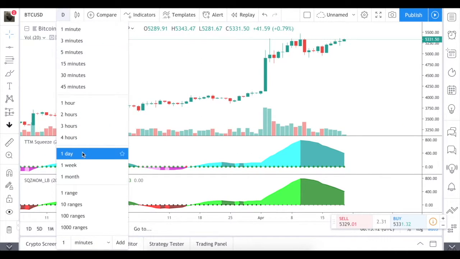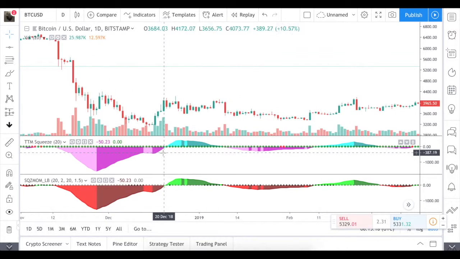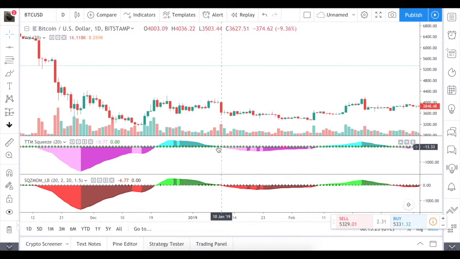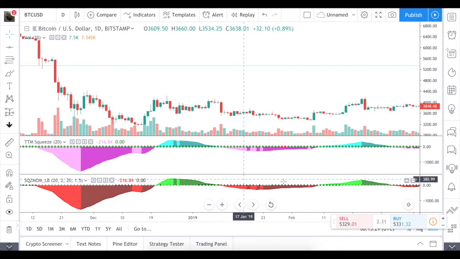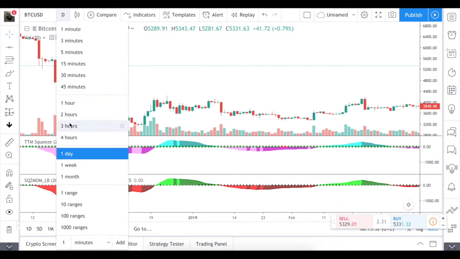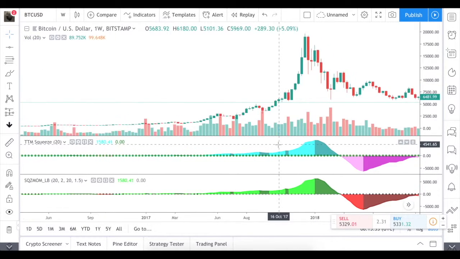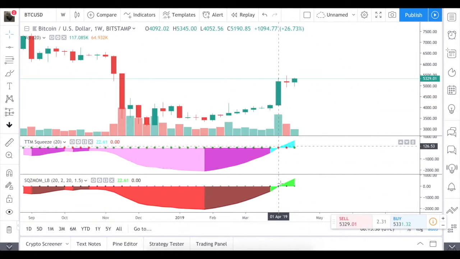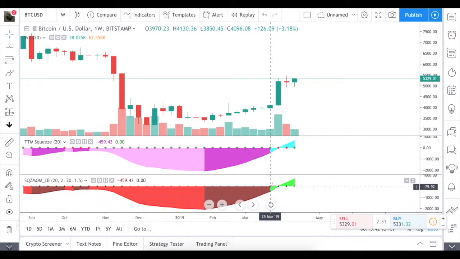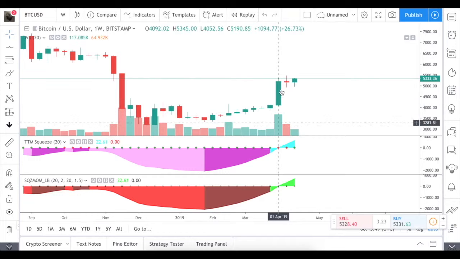On the weekly time frame, for example in this case, you see there is no signal on TTM Squeeze, but there is an indication of the reversal on the squeeze momentum indicator. When we switch to the weekly time frame, you will see that this squeeze momentum indicator had this signaling point 1 week before the surge in the price.